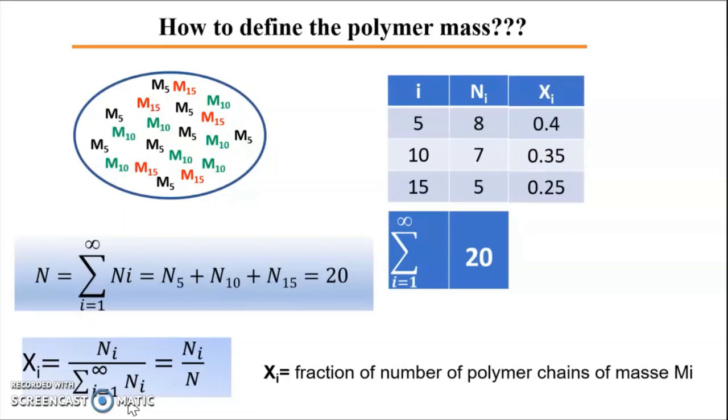Here, if we calculate xi for our example, we will find for each group of chains its fraction in the total number of chains in the polymer sample. As xi is a fraction, the sum of all xi in the system should equal 1.